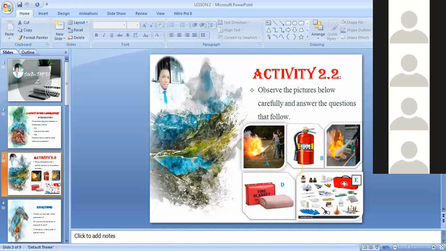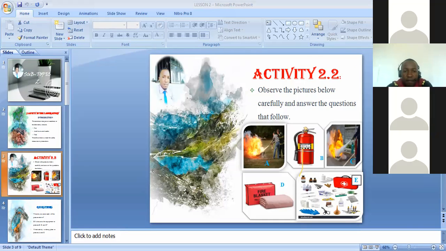Picture D is used for covering yourself to prevent you from getting burnt. So in case of a fire outbreak, and maybe your shirt or the clothes you're putting on have caught fire, the fire blanket will assist you in putting off that fire.